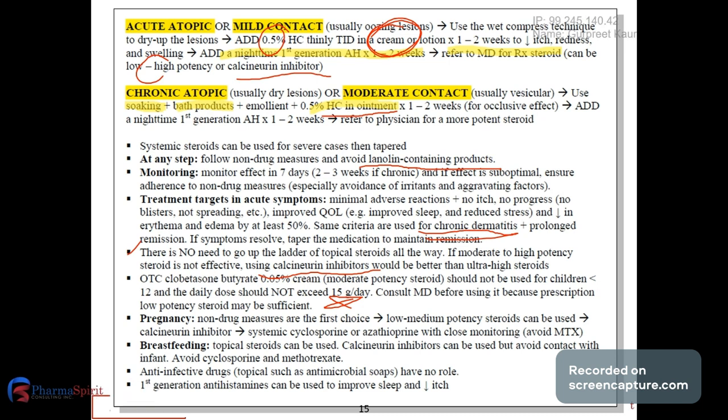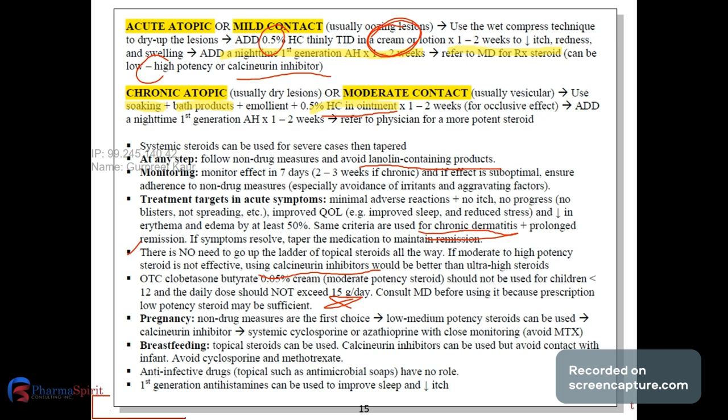In terms of pregnancy, we use non-drug measures as the first choice. If the symptoms continue, we use a low to medium potency steroid, and we can also use calcineurin inhibitors, and we can use systemic cyclosporin or azathioprine with close monitoring. We have to avoid methotrexate though, because we know methotrexate is teratogenic. In terms of breastfeeding, topical steroids can be used. Calcineurin inhibitors can also be used, but avoid contact with the infant, and avoid cyclosporin and methotrexate in breastfeeding.